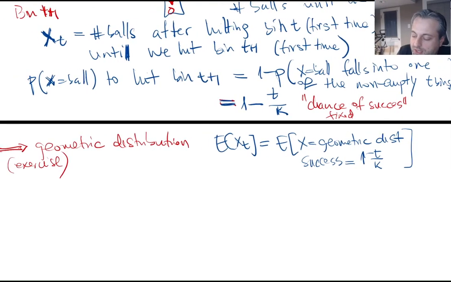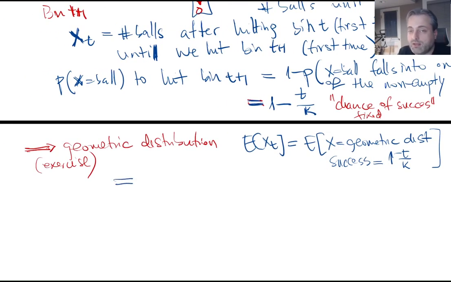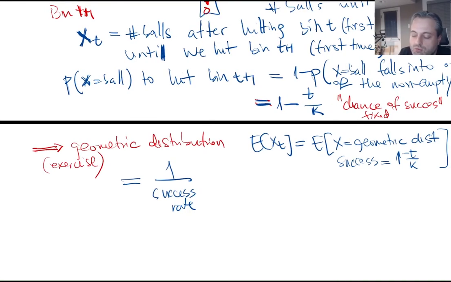That we know how to calculate. We can also do it with series. I'm going to skip it for now, but we can do it with a series. The expectation of such a distribution is 1 over the success rate. That's very easy to show.